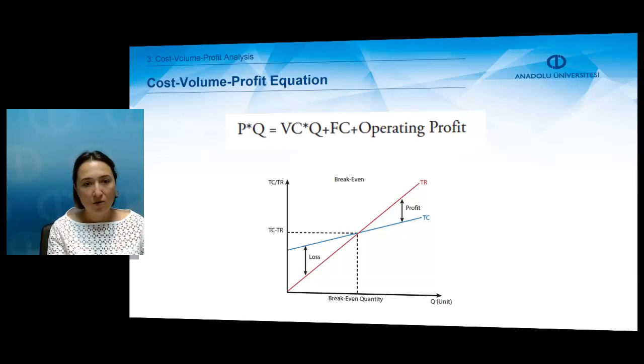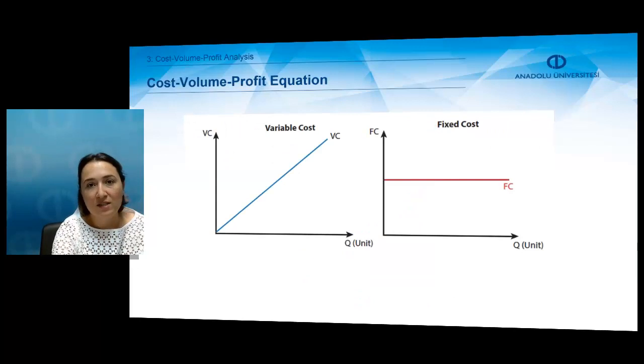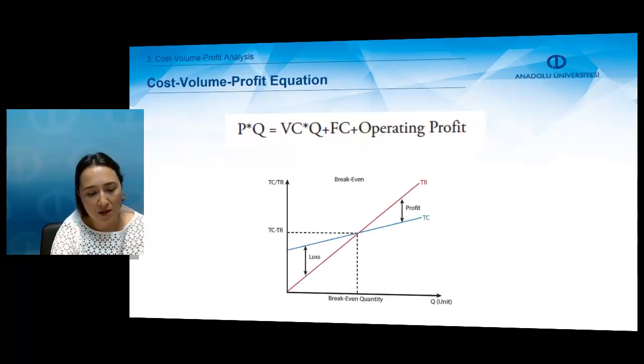On the right, we have VC, the variable cost per unit, multiplied by the quantity, and FC, the fixed cost. We remember that fixed cost is not changing, so we do not multiply it by the quantity, but variable cost changes with quantity, so in the equation we multiply it by the quantity.